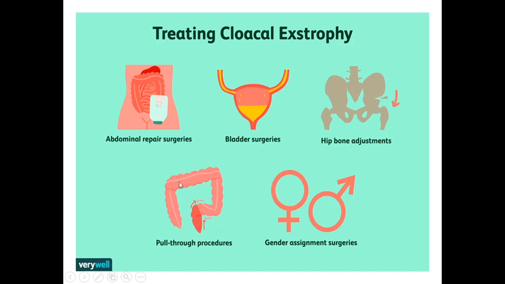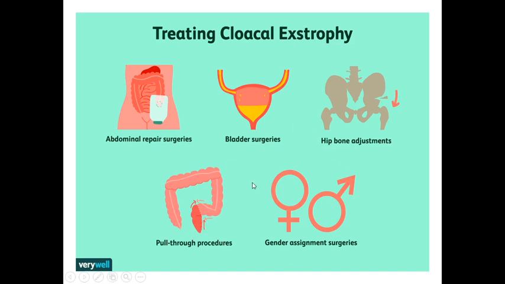Then they have problems with placement of their colon and the rectum, anal canal and the anus. So in that case, you may have to do a pull-through surgery to bring the colon back to its normal position and to create an opening for the feces to pass.